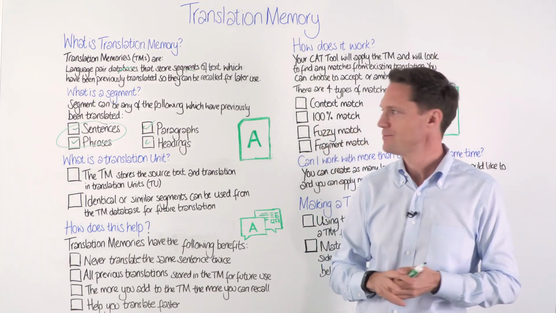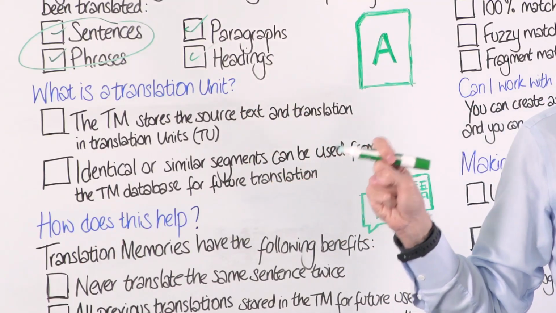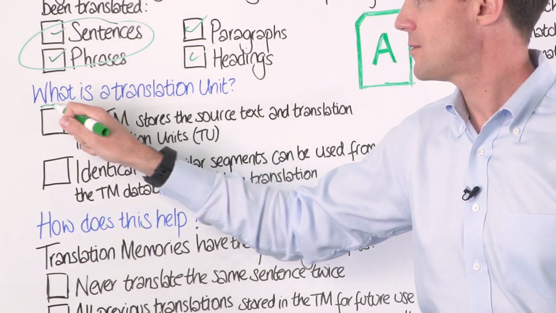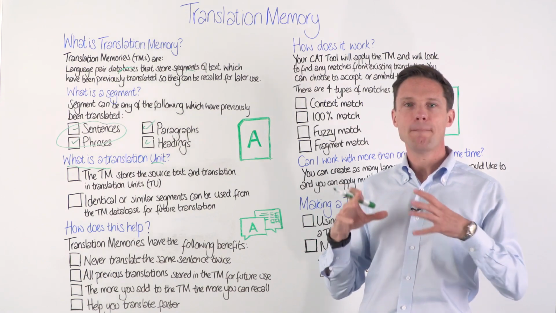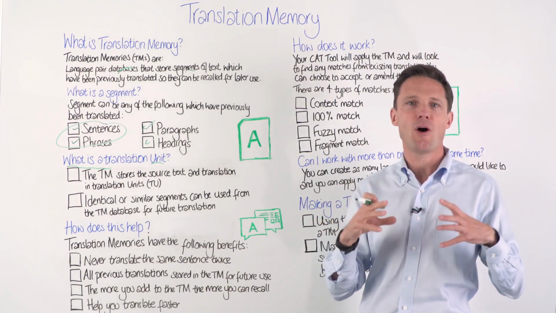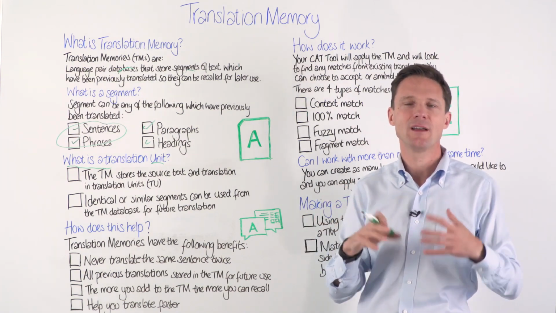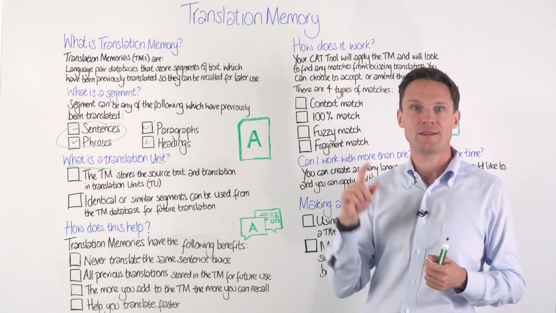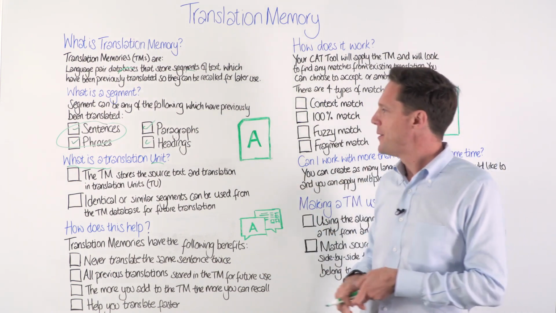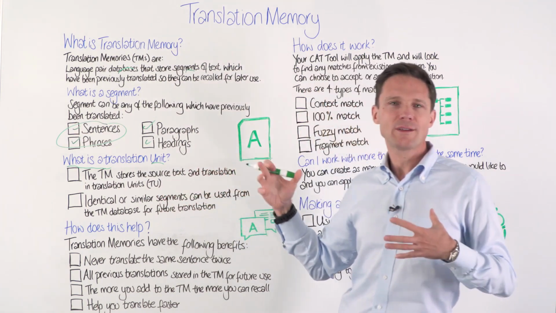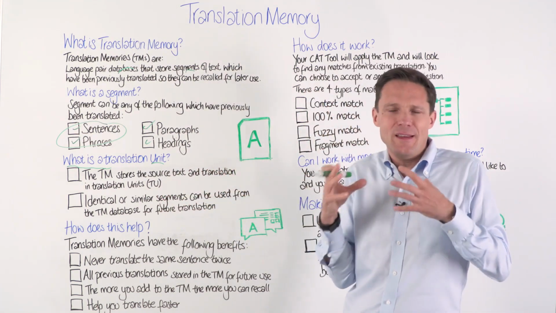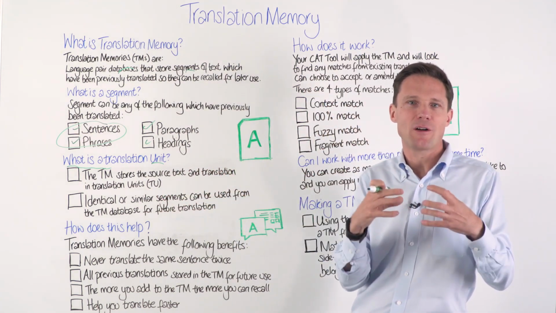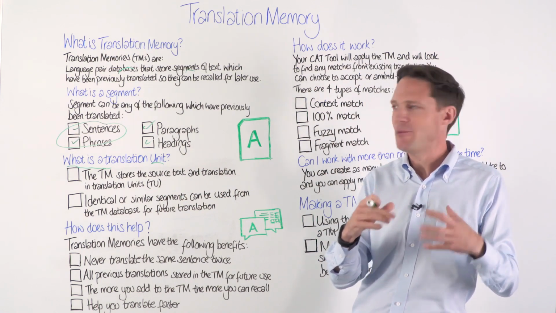The second piece is, what is a translation unit? A translation memory is made up of translation units, and sometimes people call this a TU, translation unit. So what's a translation unit? In essence, it is the building block of a translation memory.